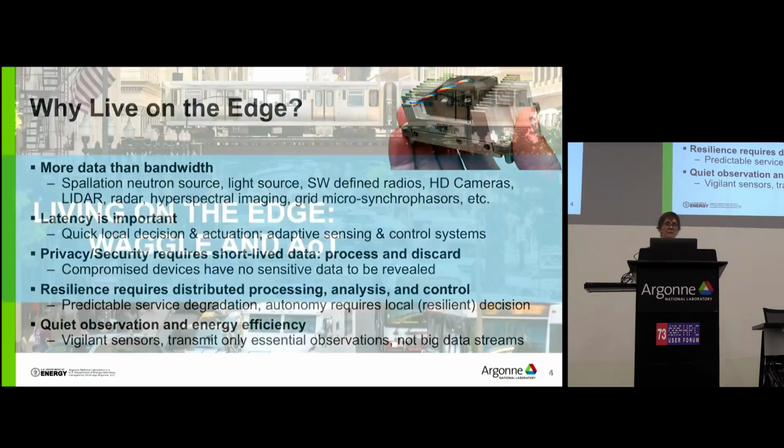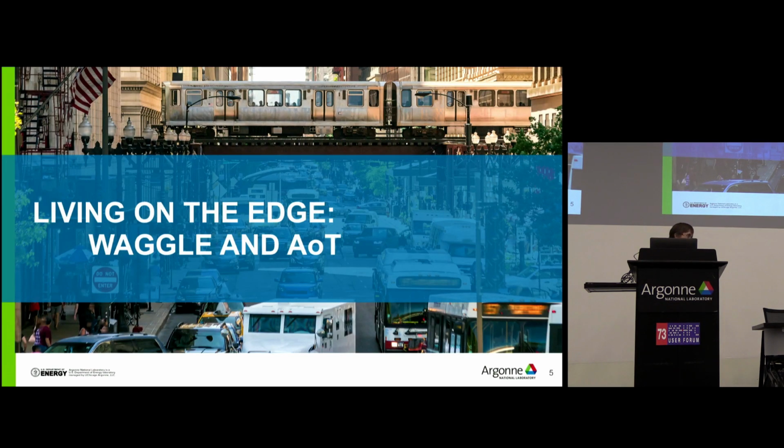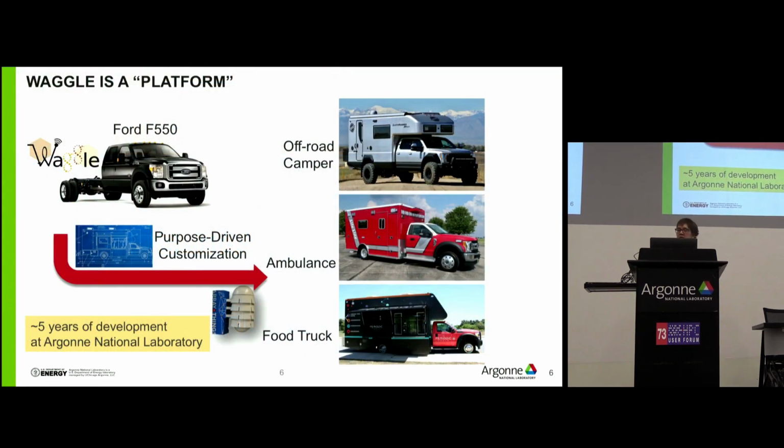So we started working on a platform called Waggle, and a version of the platform is the ArrayOfThings. When I talk about a platform, people get confused, so I'll try to give you some insight into these different variations on Waggle.